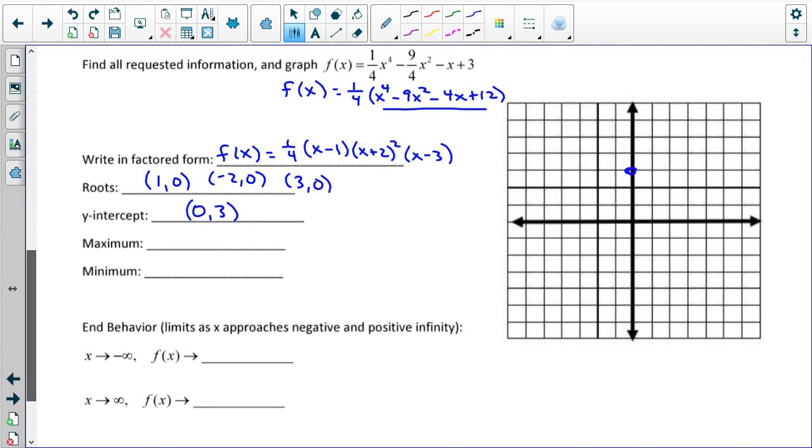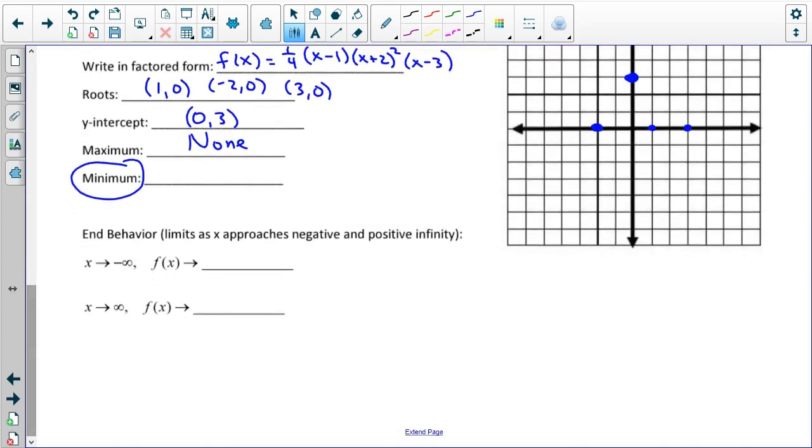So (0, 3), I'll make this scale go up by ones. I have a double root at -2, a root at 1, and a root at 3. And then I should have a minimum in this case. I should have no maximum, because notice that even though it's still x to the fourth, now my leading coefficient is positive.